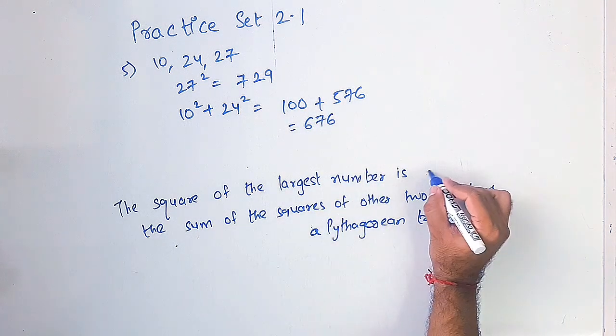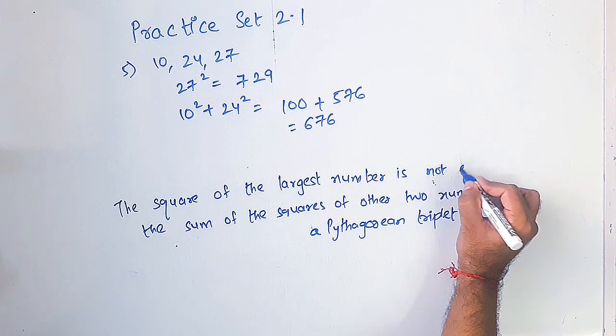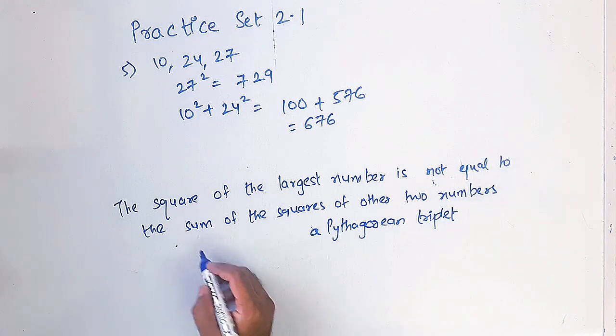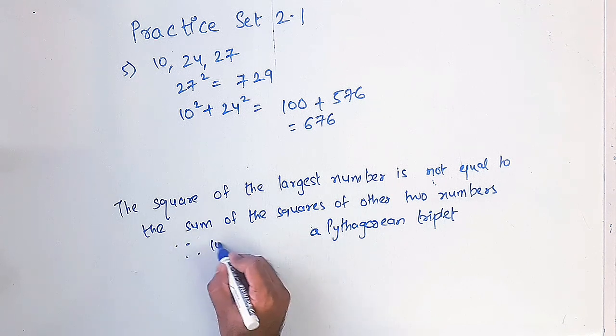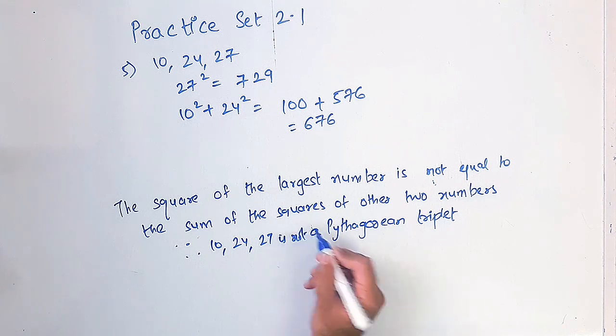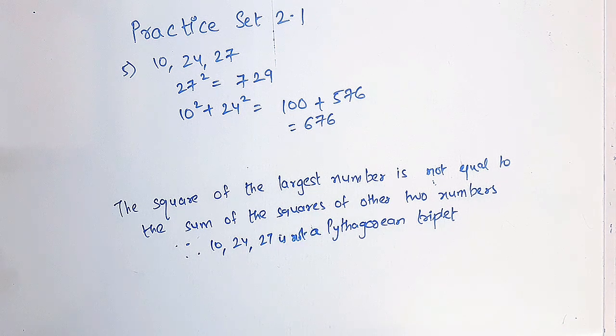So 729 is not equal to the sum of the squares of the other two numbers. Therefore 10, 24, 27 is not a Pythagorean triplet.